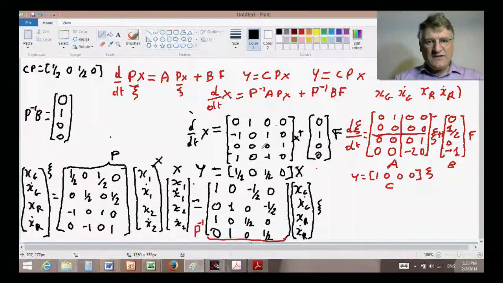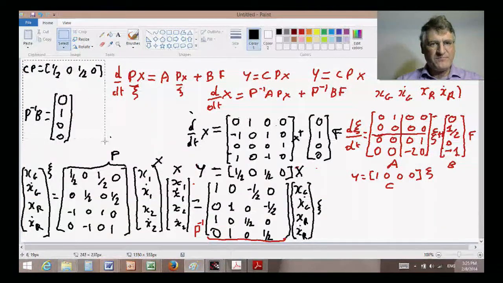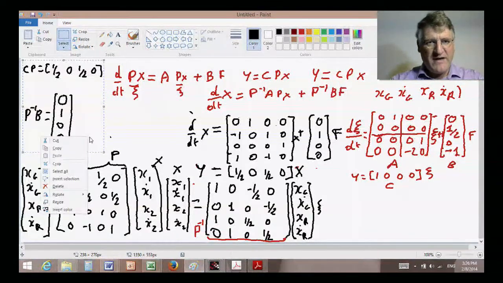Last, let us compute the more difficult one, which is P inverse times A times P. It is difficult because we need to compute the product of a matrix with two other matrices. For that, I will make some free space by erasing this. Now we know that they are the proper match.